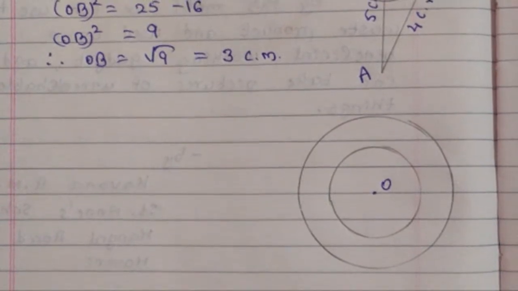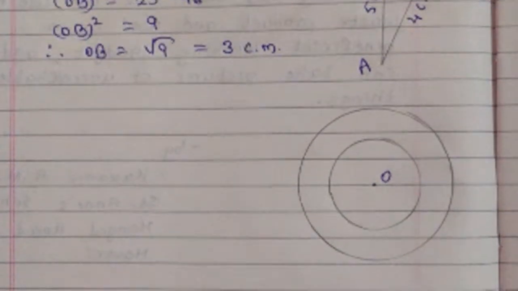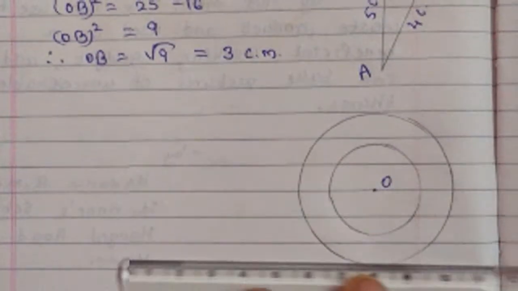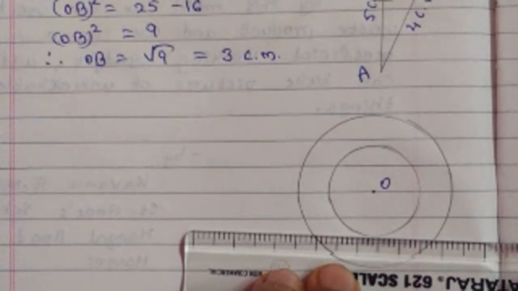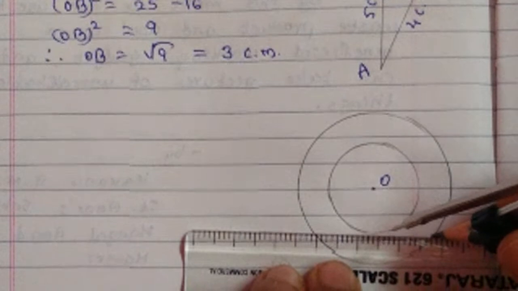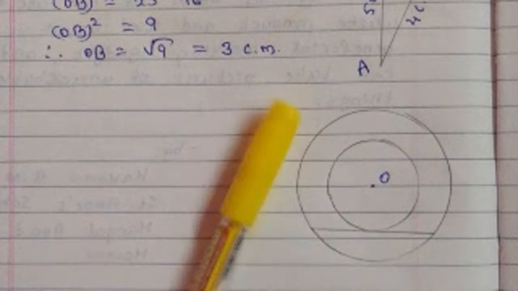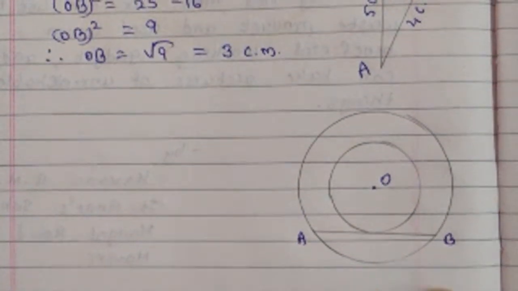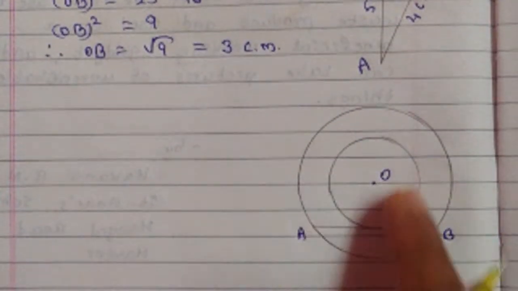Now in the question, we have to draw one chord of the larger circle which touches the smaller circle. I will consider this line, with these two points as A and B. Line AB is a chord of the larger circle, and it touches the smaller circle.